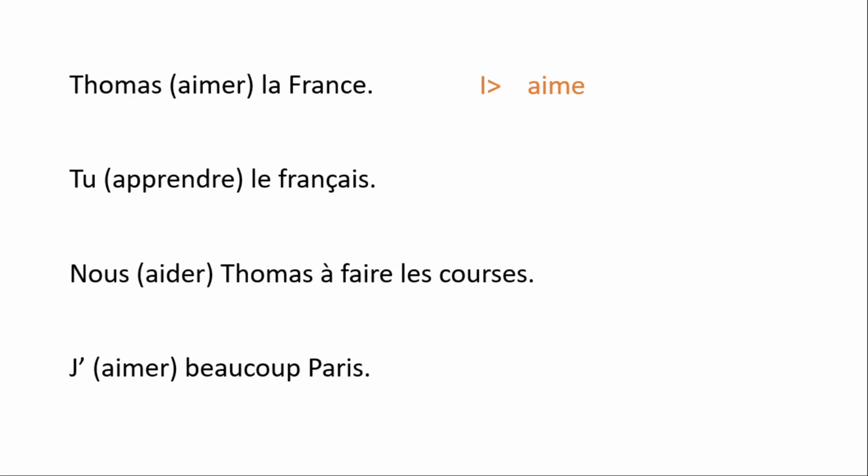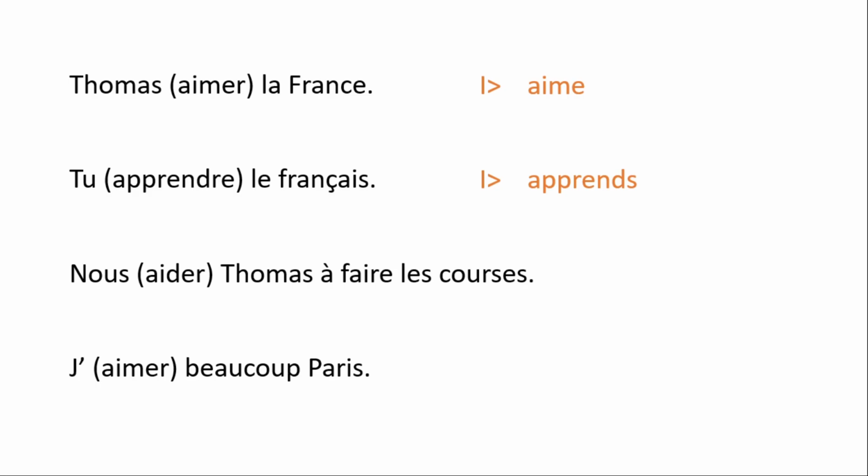Next one. Tu apprendre le français. Apprendre ends with re, so we know it's in group number 3. Tu, so we add s. Tu apprends le français. Nous aider Thomas à faire les courses.